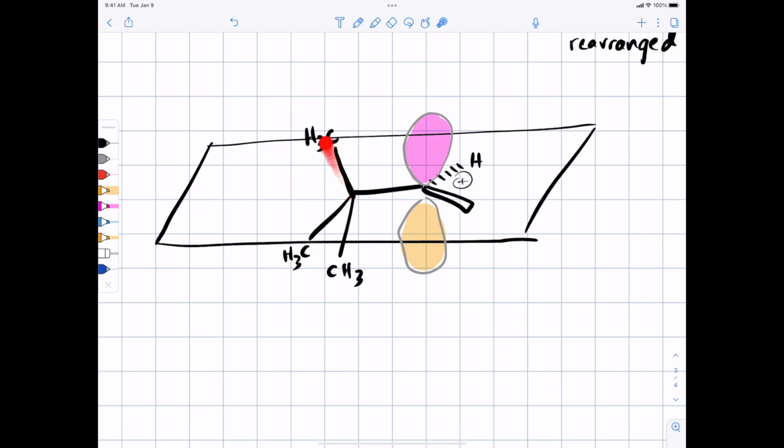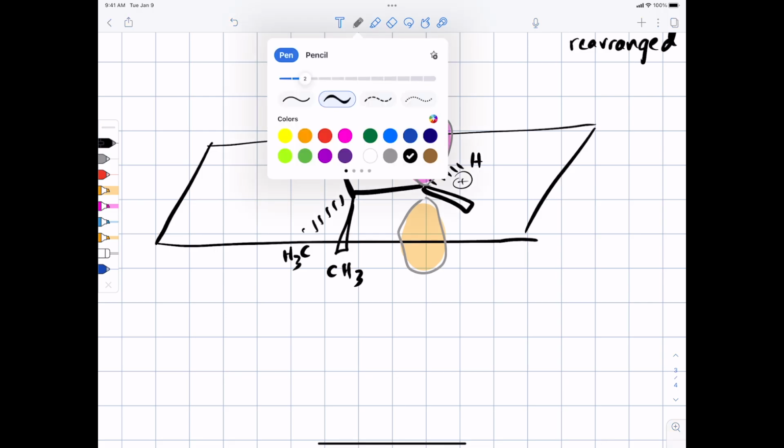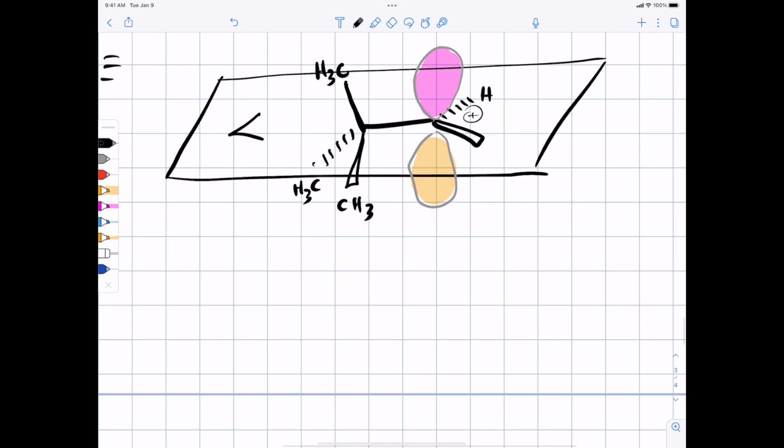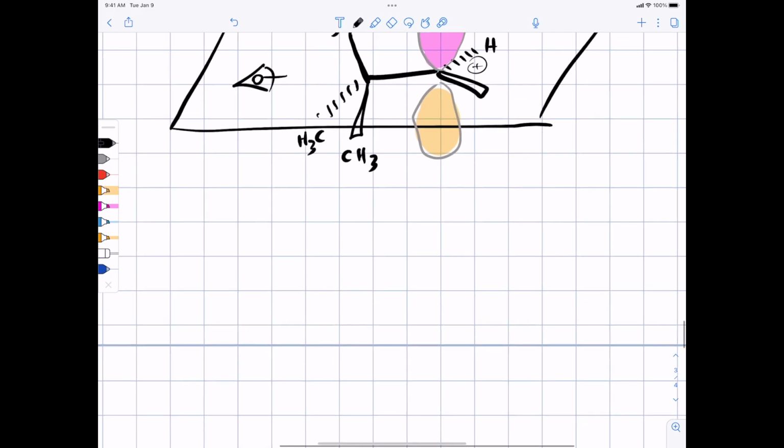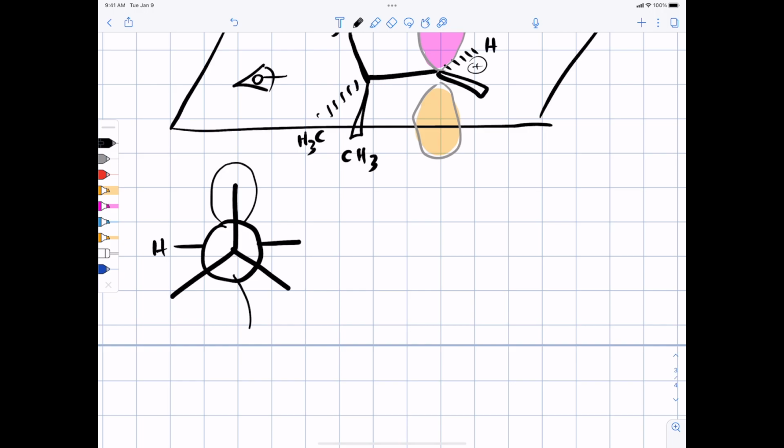This carbon-carbon bond is lined up with this p orbital, and these two are angled down below the plane, sort of. If we wanted to, we could do sort of to the front and sort of to the back. If you want, we can look down that bond, and what we would see is 3 methyl groups in the front, methyl group here, a hydrogen here, and in the back, here's your empty p orbital.